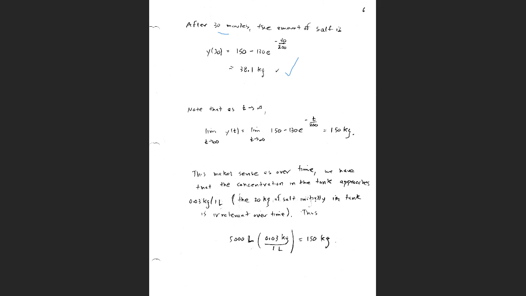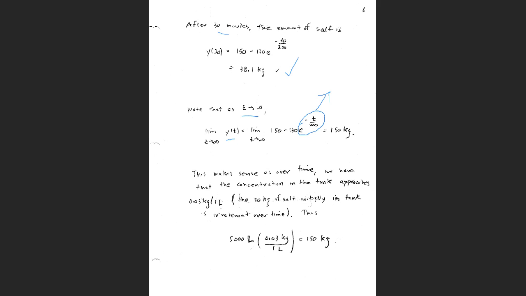Now, as t goes to infinity, how much salt is going to be in the tank? Well, we look at the limit of y of t as t goes to infinity. This e to the negative t over 200, what does that go to as t goes to infinity? That should be an easy one for you all.